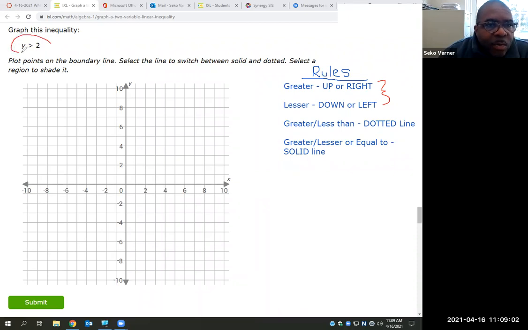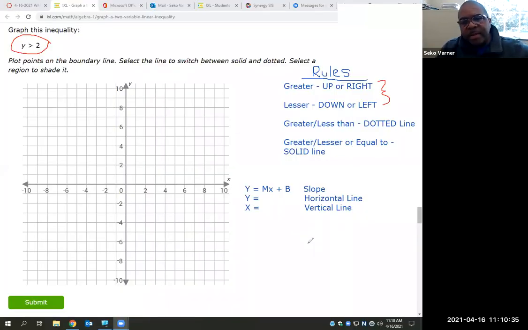So we're looking at y is greater than 2. Now, remember when we had a couple of equations that we were working with. If it was y equals mx plus b, it would be a slope. If it was just y equals, it's a horizontal line, and if it was just x equals, it's a vertical line.